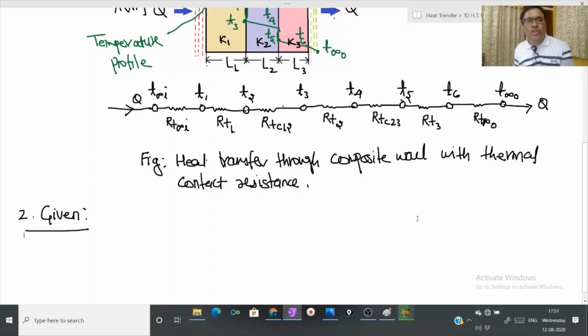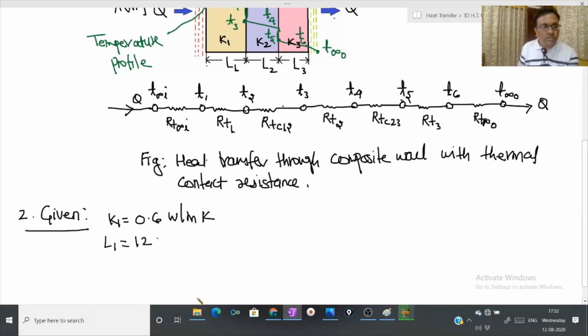So instead of going up and down, I am going to refer to that problem. The K1 value of insulating material is given as 0.6 watt per meter Kelvin, and its thickness is given as 12 centimeter, that is 0.12 meter.